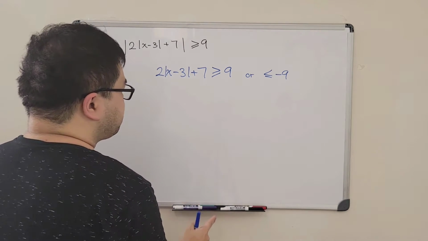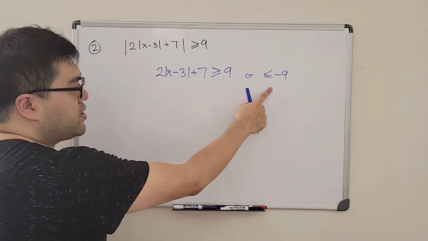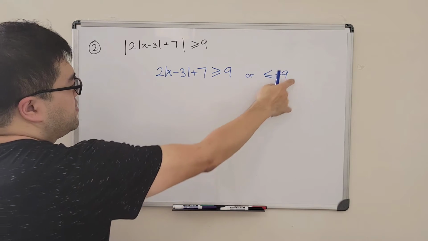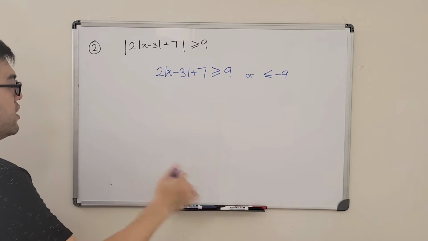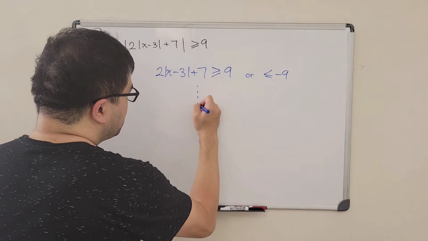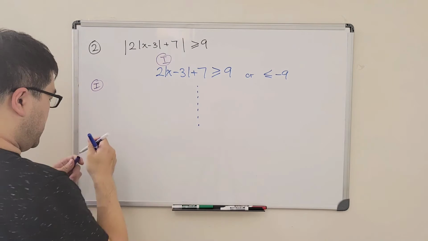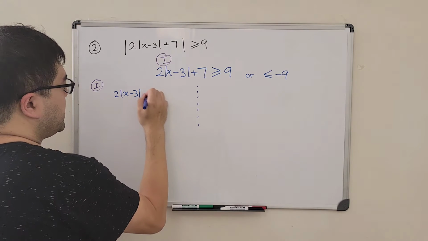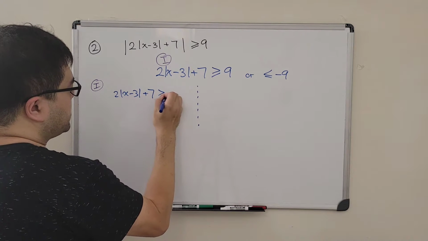Okay, so this is not the formal way to write it. Of course, we're supposed to write the left hand side in the inequality, but we're going to split into two cases anyway. So we have 2 times absolute value of x minus 3 plus 7 is greater than or equal to 9.